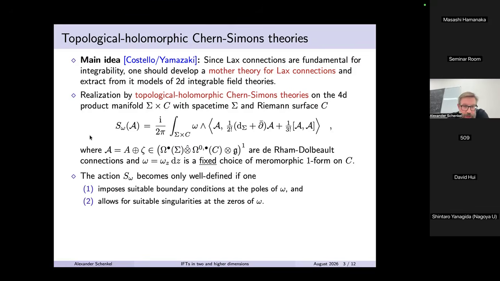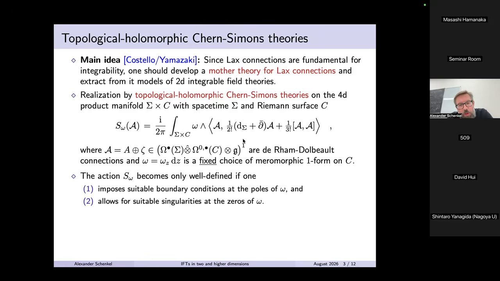However, this action, as we have also seen in the previous talk, is a bit subtle, because omega, being a meromorphic one-form, can have poles and also can have zeros. At the points of C where omega has poles, nothing guarantees that this integral can be performed, because omega diverges, so you don't know if the integrand is in fact integrable.